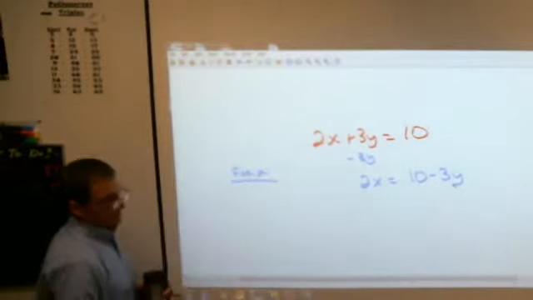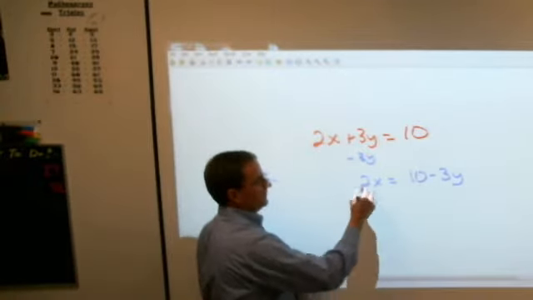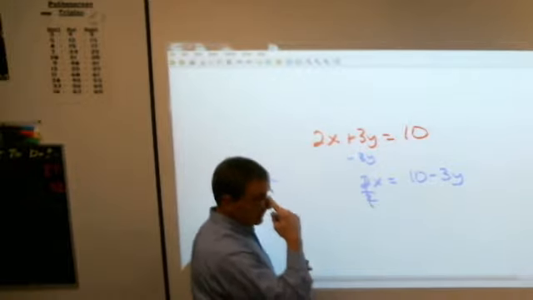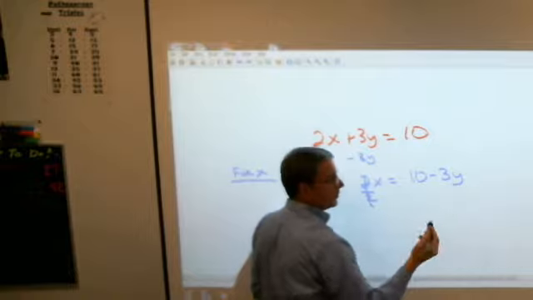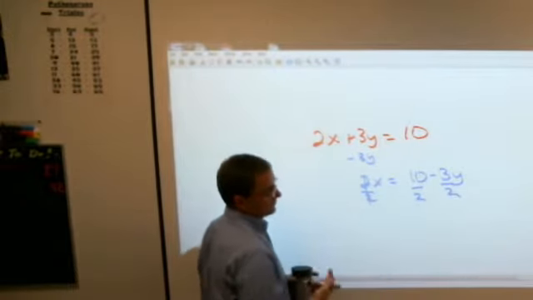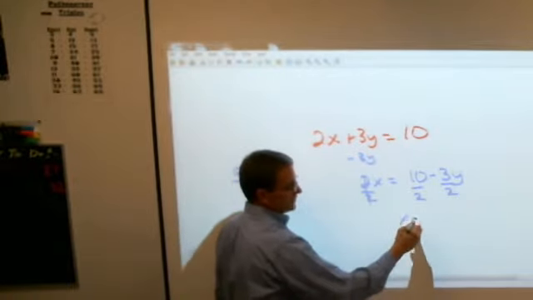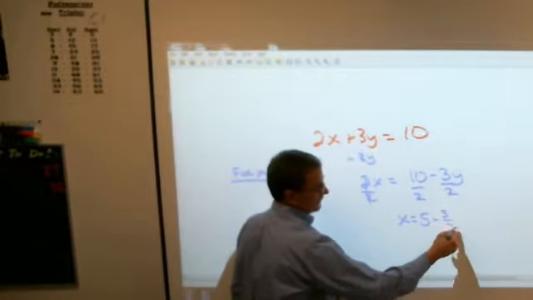And then to solve for x, I just divide by 2. There's a couple different ways you can think about this. One is you can put the 2 underneath the whole expression, or you can put it under each one of them. Probably like this because it does simplify some more. 10 divided by 2 is 5, and you get minus 3/2 y.